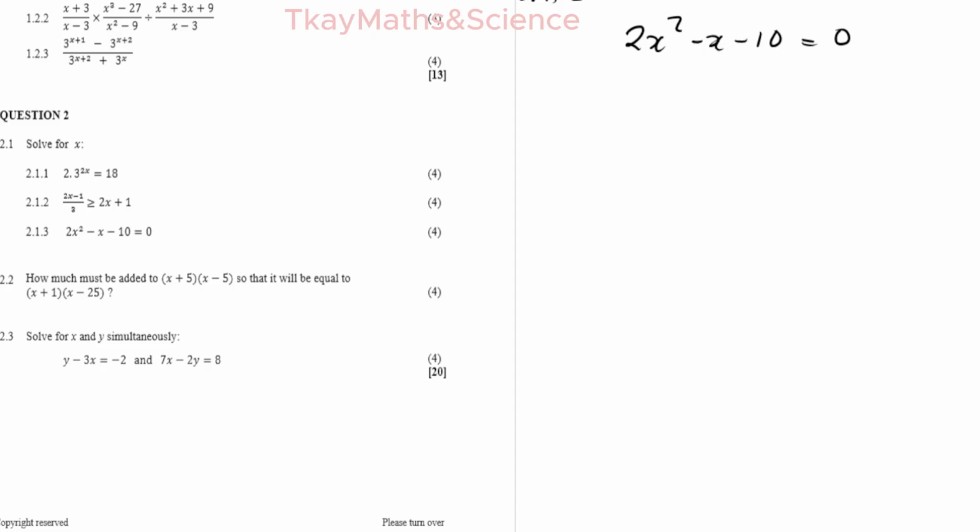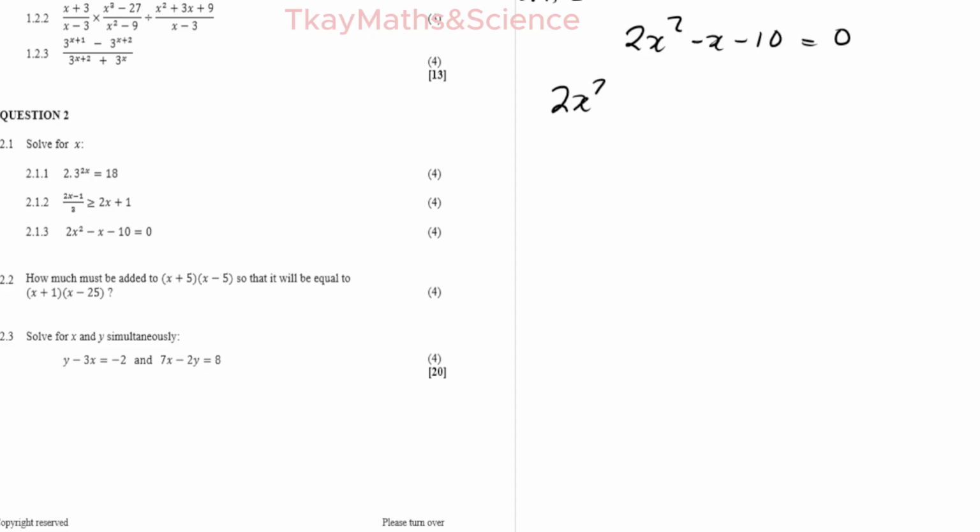Then we equate it to 0. Here we got 2 times 10, which gives us 20. So what are the numbers we can multiply to get 20, but if we add them, the sum gives us minus 1? So what are the numbers? Which is 5 and 4.